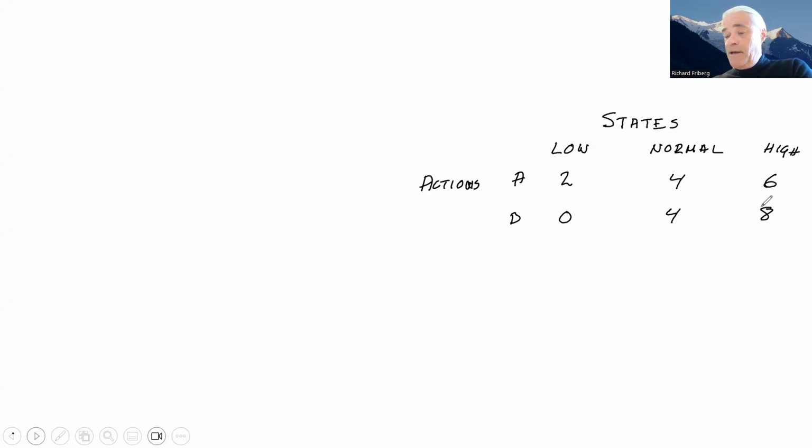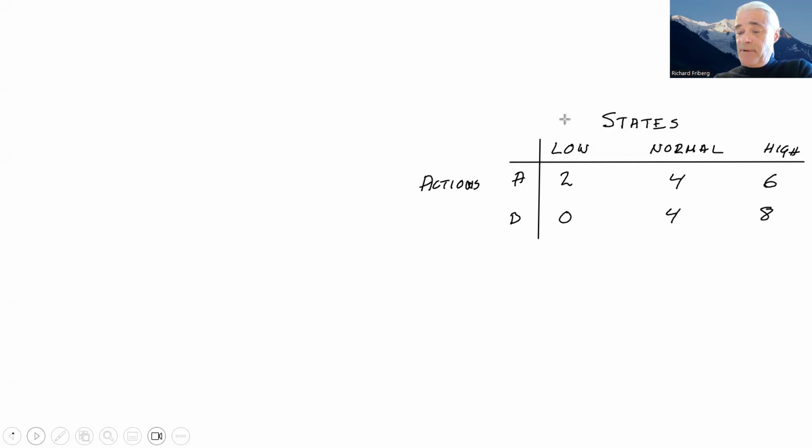Okay. So a risk-neutral decision maker, as we saw before, would be indifferent between these two actions, at least in the case where we have probabilities. Let's assign the probabilities here.